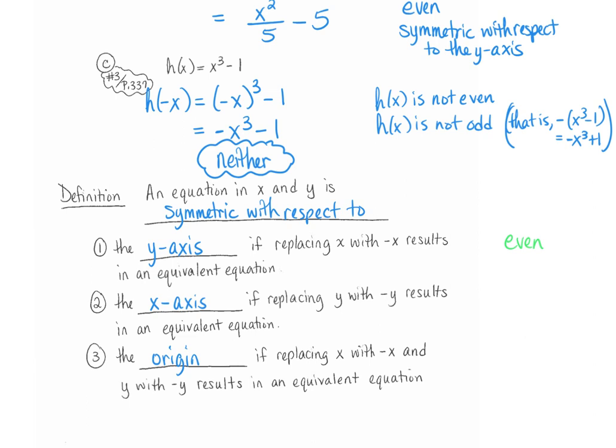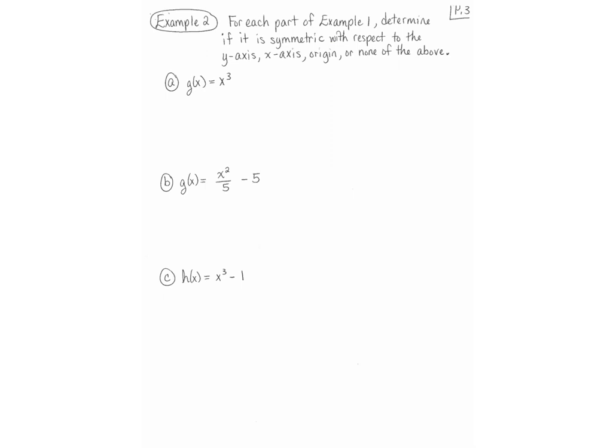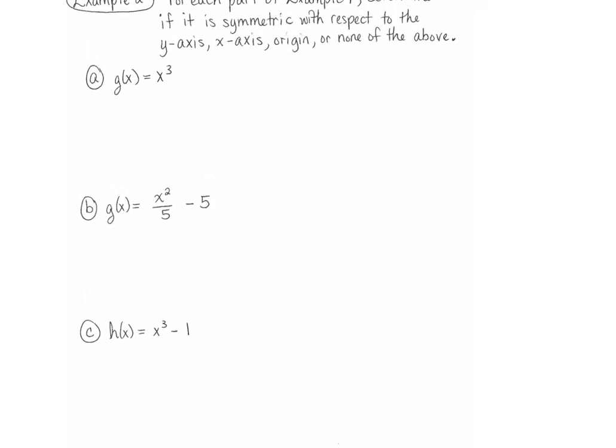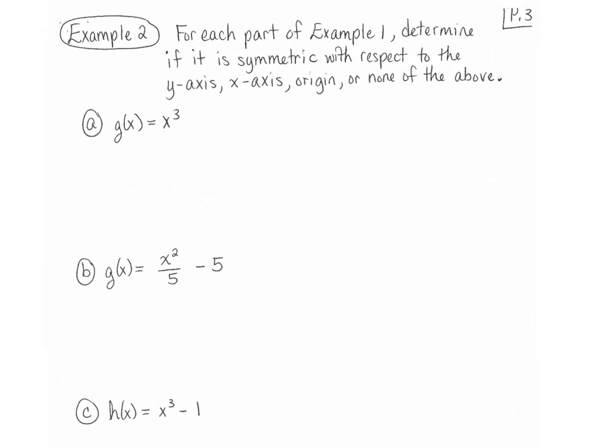Okay, so for each part of example 1, we are now going to determine if our example is symmetric with respect to the y-axis, x-axis, or origin, or none of the above. g of x equals x cubed.